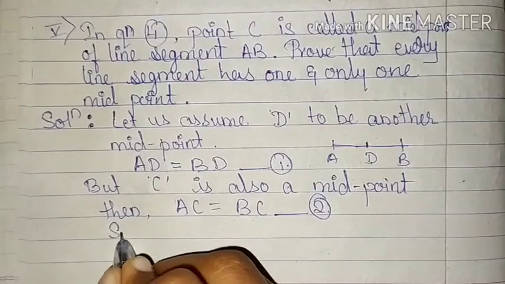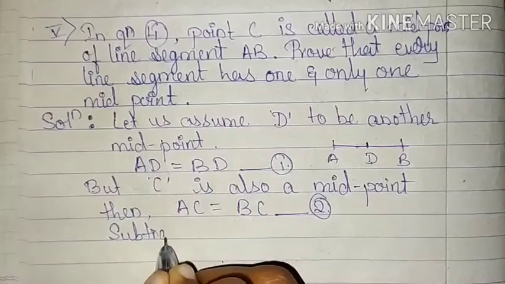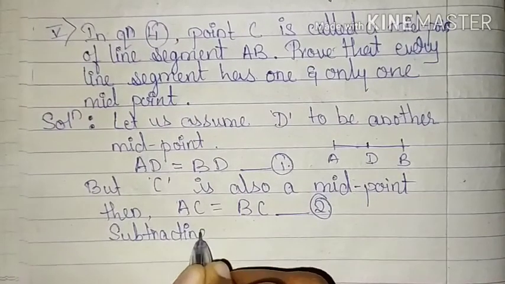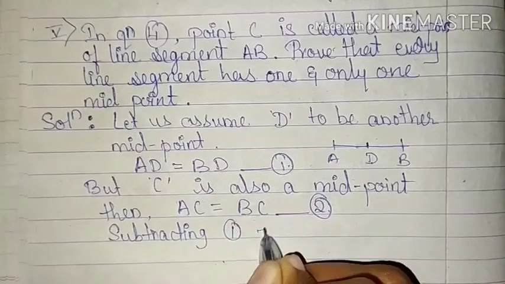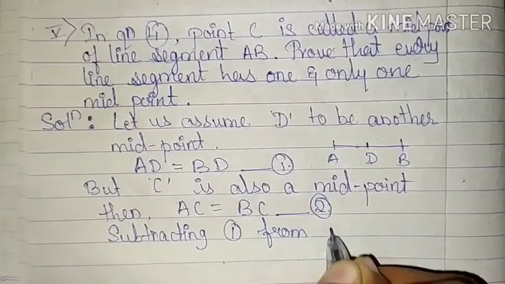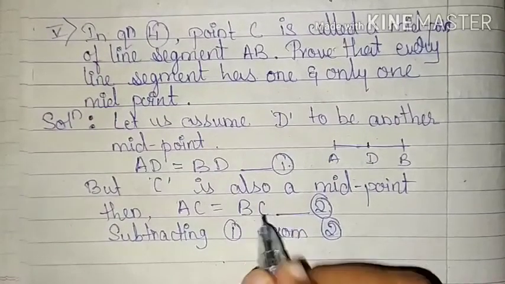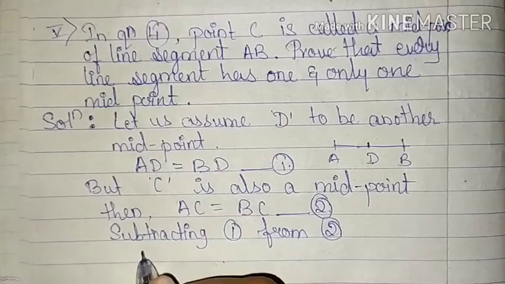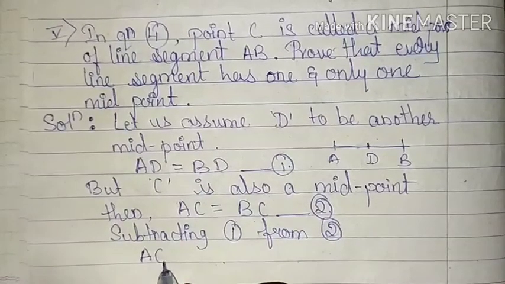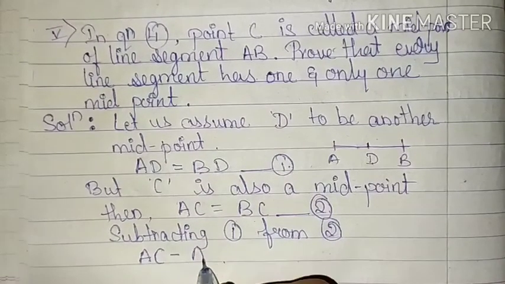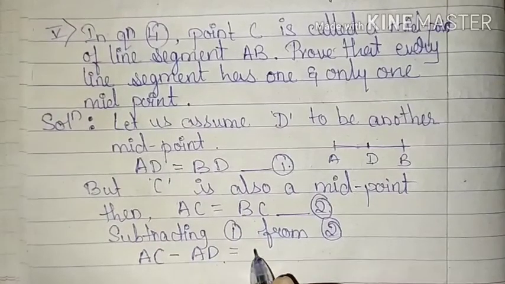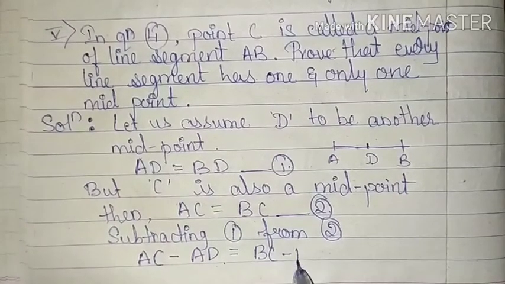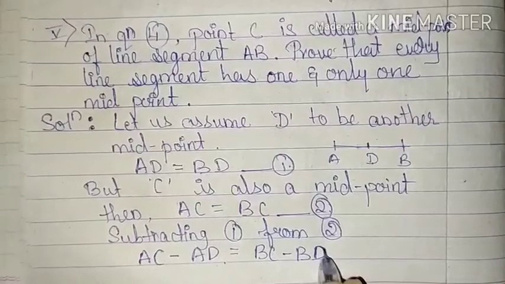Now subtracting equation 1 from 2. Subtracting equation 1 from 2. So first we'll write equation 2. AC minus AD is equal to BC minus BD.